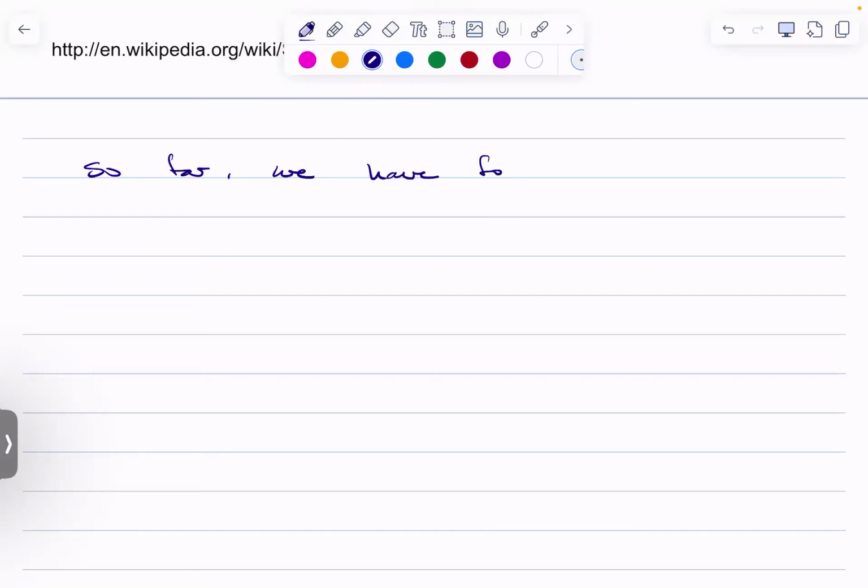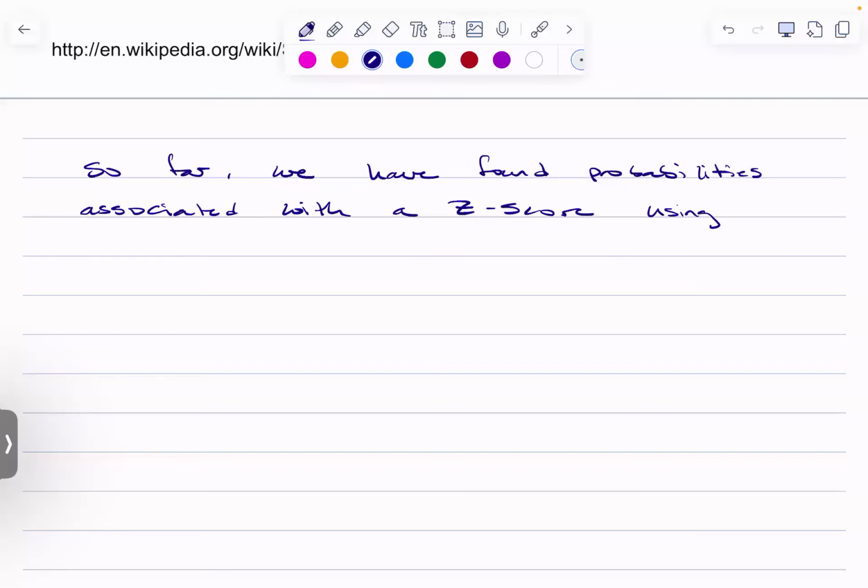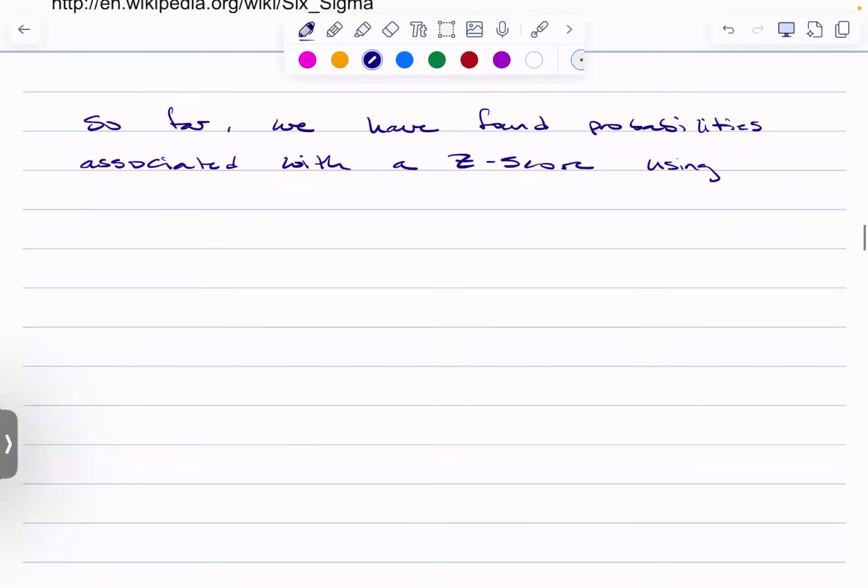We have found probabilities associated with a Z or a Z-score using the Z table. We're going to get lots more practice, don't you worry, using the Z table.